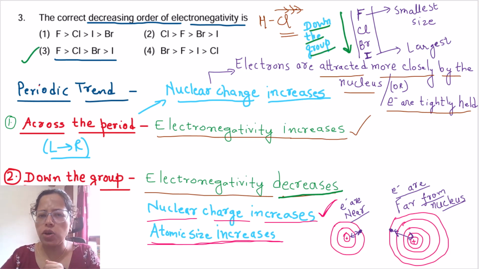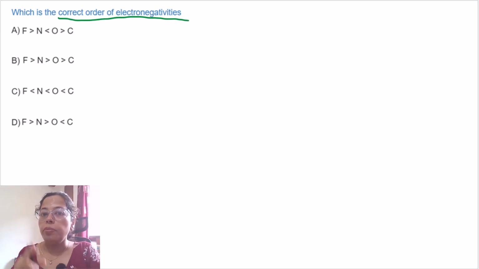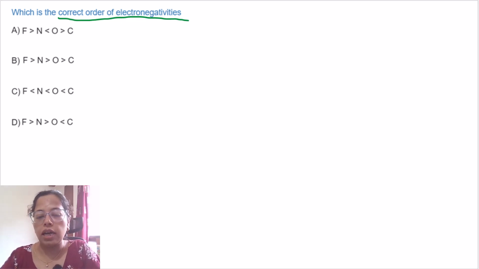Now, after listening to all these explanations, I'll give you a question. Can you solve this question based on whatever we discussed? This is a question on electronegativity and we are being asked the correct order of electronegativities. Please write to me in the comment section the answer of this question. It is a comparison between fluorine, nitrogen, oxygen and carbon.